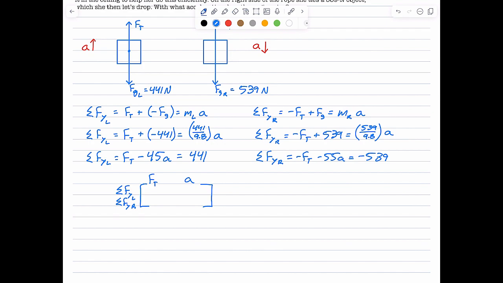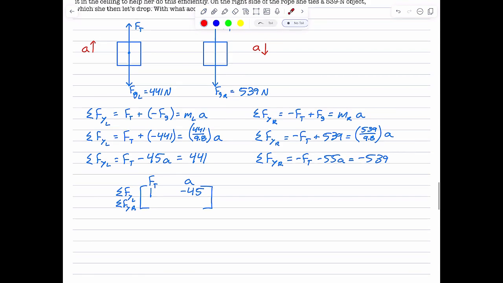So looking for tension force's coefficient from my left equation, I'm going to go up here and look. Well, that's just going to be a 1. And that's pretty much it for that one. And then for acceleration, that's a negative 45. So I'm going to put negative 45 there.